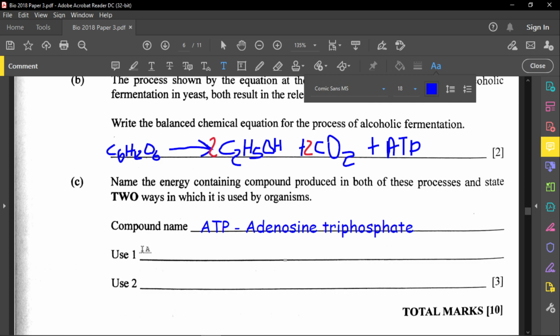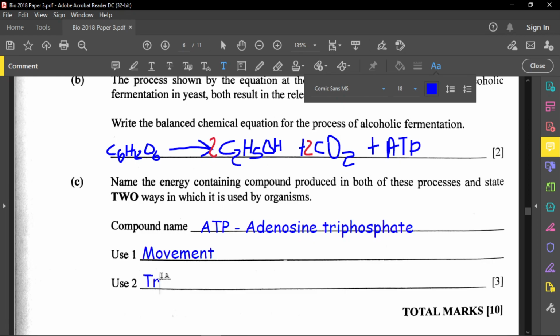Typically, one of the main ways it is used by an organism is for movement. In fact, generally speaking, for all the characteristics of life, all the life processes, you use energy for those things. So movement is one.